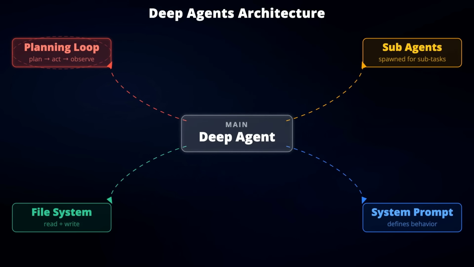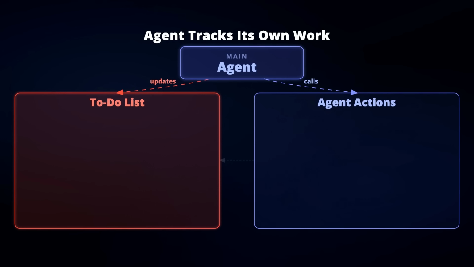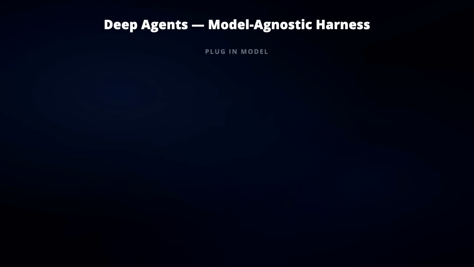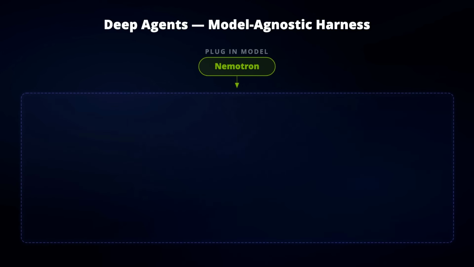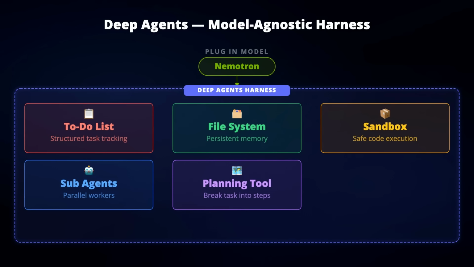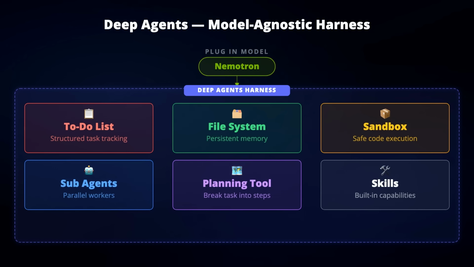You've got a file system that the agent can read and write to. And then you've got a structured to-do list that the agent can use to track its own work. And really this highlights all the key patterns that I've been talking about recently, things like sandboxes, file systems, all these things that make up a modern agent. And these are the patterns that we've seen emerge in production agents over the last year or so.